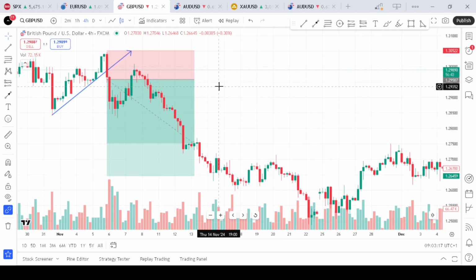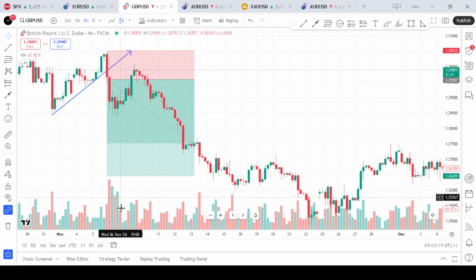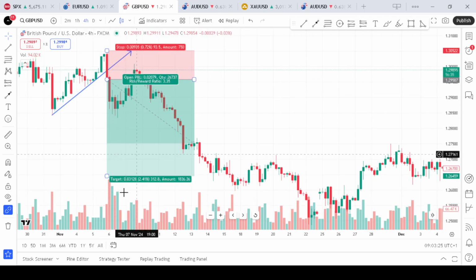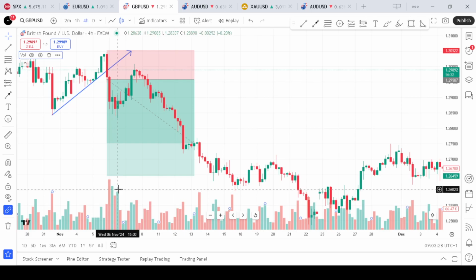Some additional trading tips: you can always use your volume confirmation. An increased volume during a signal candle indicates strength in the reversal, whether it is the second candle for a hammer or the third candle for the evening star.